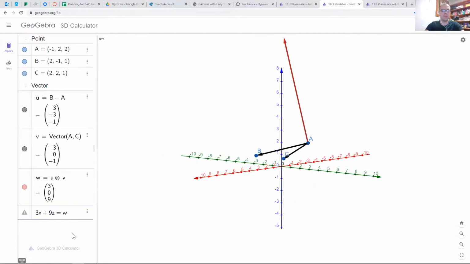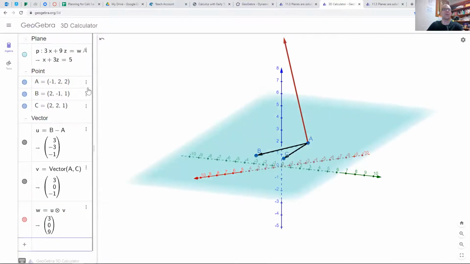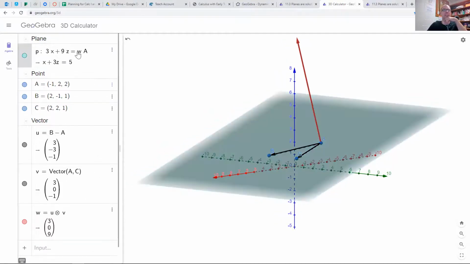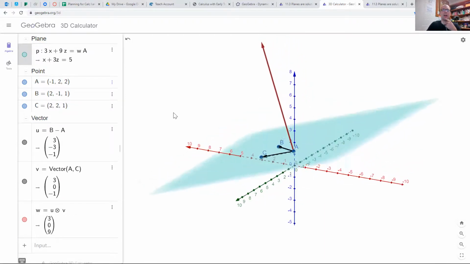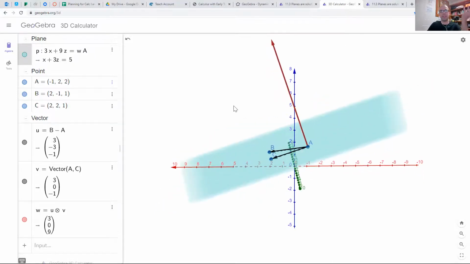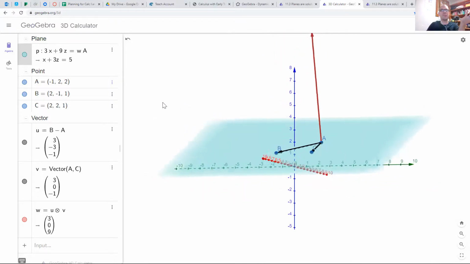Let's do W dot A and see what we get. Yeah. Okay, actually that wasn't so bad. I should have just done that first. I shouldn't have tried to make the weird vector. So you can take the dot product between a vector and a point in GeoGebra, which is just a different notation for kind of the same thing. But yeah, that gives us our D. And yeah, looks great. We made the plane that we set out to make.